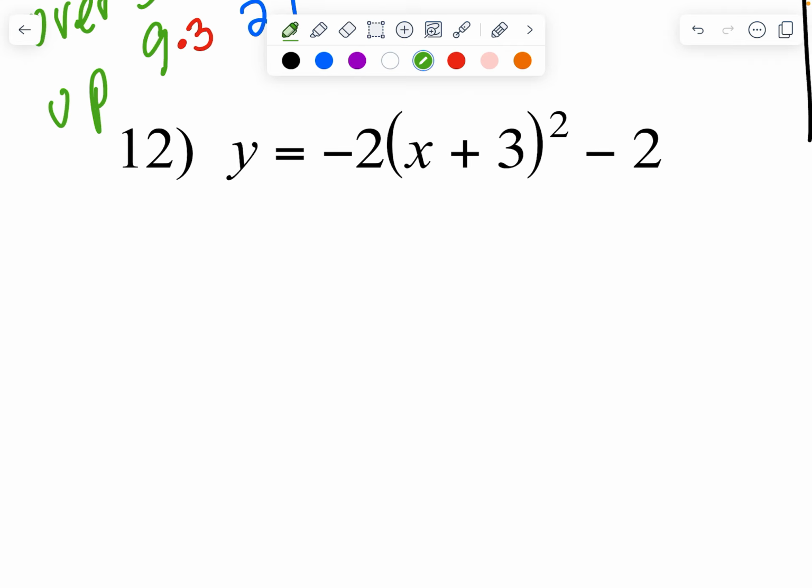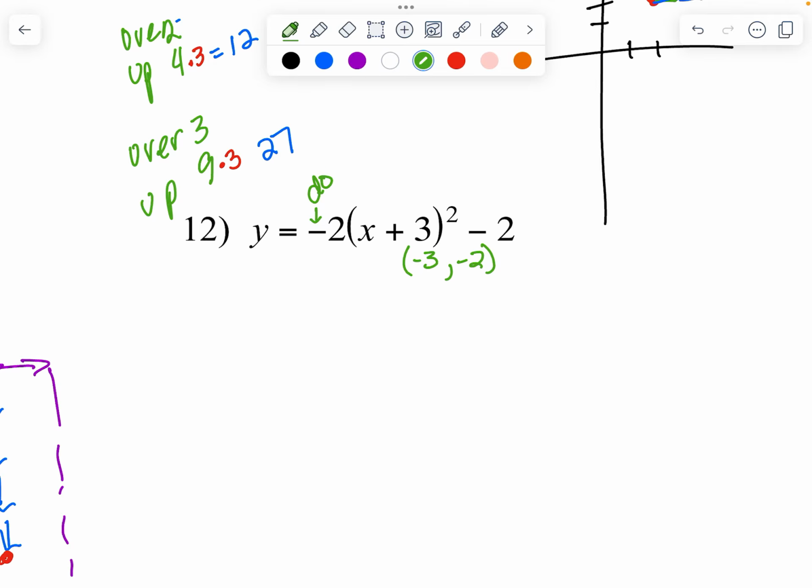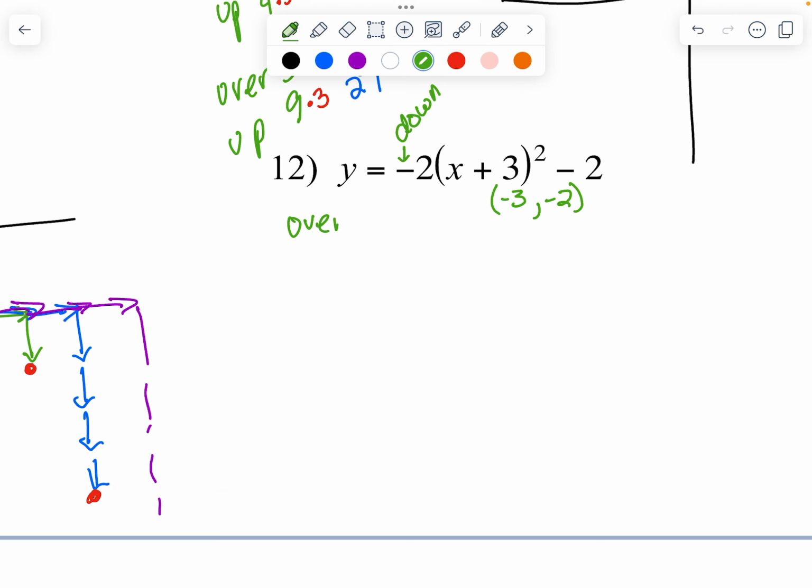Okay, again, let's do our vertex. That's negative 3, negative 2. Now this one here, we have a negative. So what direction are we going to move in? Down. But we're also multiplying it by 2. So we have over 1, up 1, over 2, up 4, and then over 3, up 9.